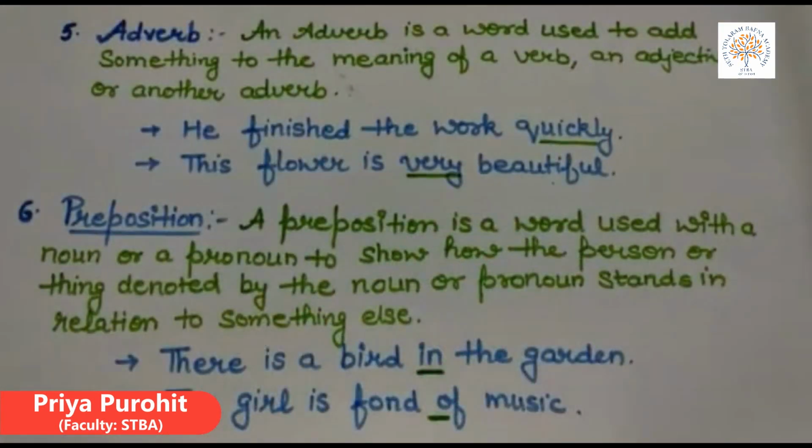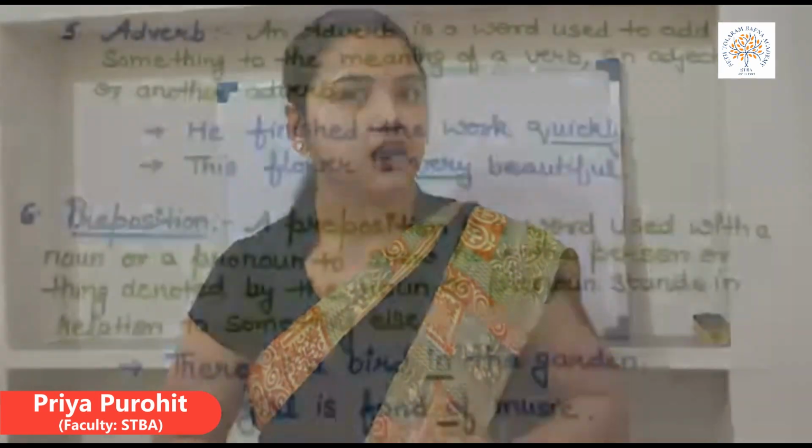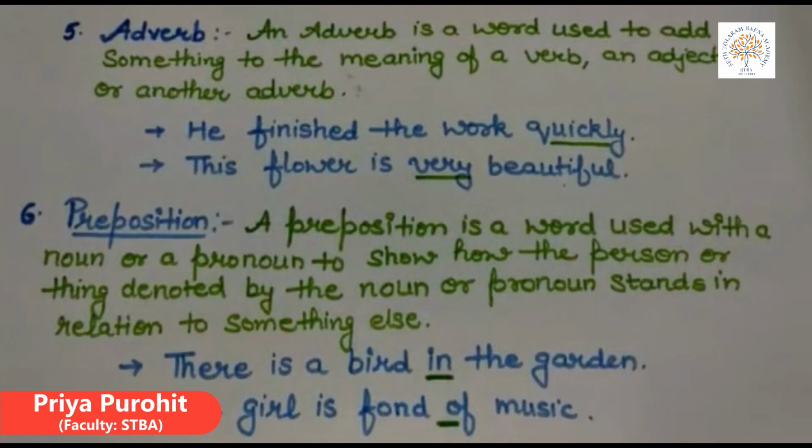Now, adverb. An adverb is a word used to add something to the meaning of a verb, an adjective or another verb. Got it? Next one is preposition. A preposition is a word used with a noun or a pronoun to show how the person or thing denoted by the name or pronoun stands in relation to something else.